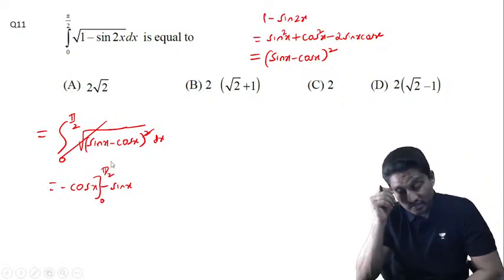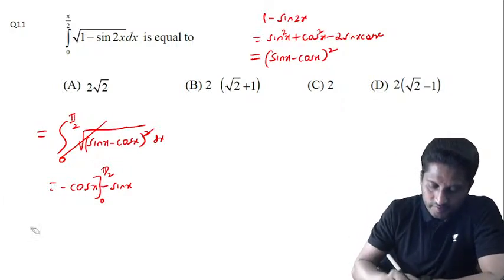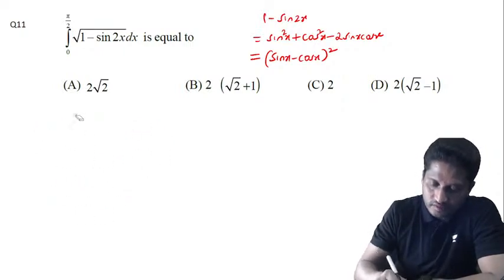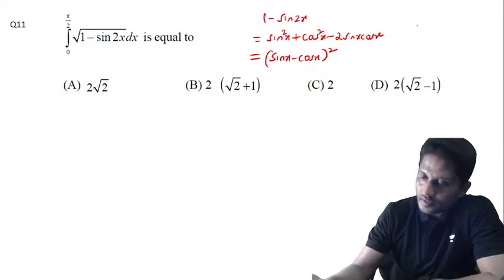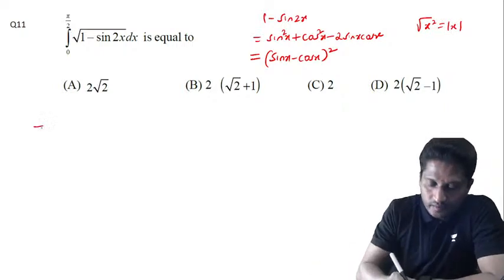0 to root sine x, mod should come. I'm sorry guys, there's a mod. Root of x square is mod x. Okay, now that's the catch here. This is equal to root of x square. Root of x square is always equal to mod x. This is 0 to pi by 2.